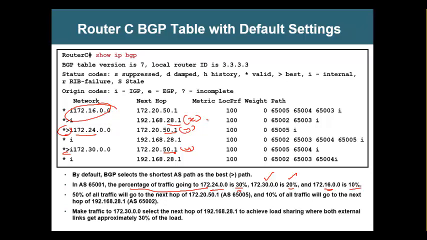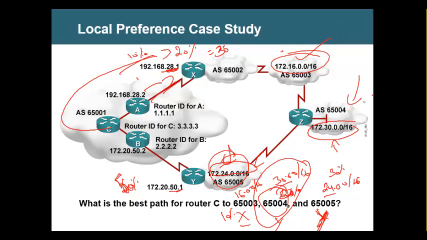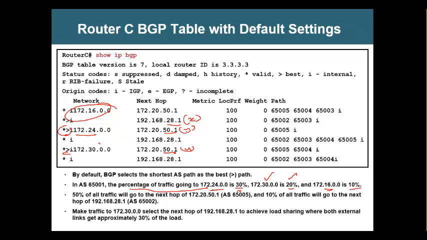What we want is the traffic going to 172.30, which is this one. We want this one to have the greater than symbol here, not here, so that this will be the elected path, X. So this is what we need to achieve.